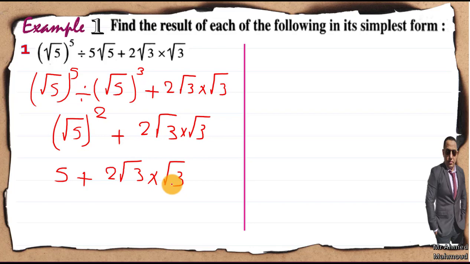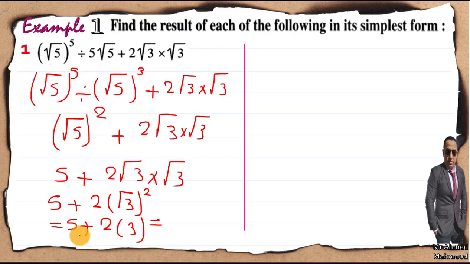Root 3 times root 3 equals root 3 power of 2. 5 plus 2 times root 3 power of 2, and root 3 power of 2 equals 3, so it is 5 plus 2 times 3. Okay, so it is 5 plus 6, which is equal to 11.